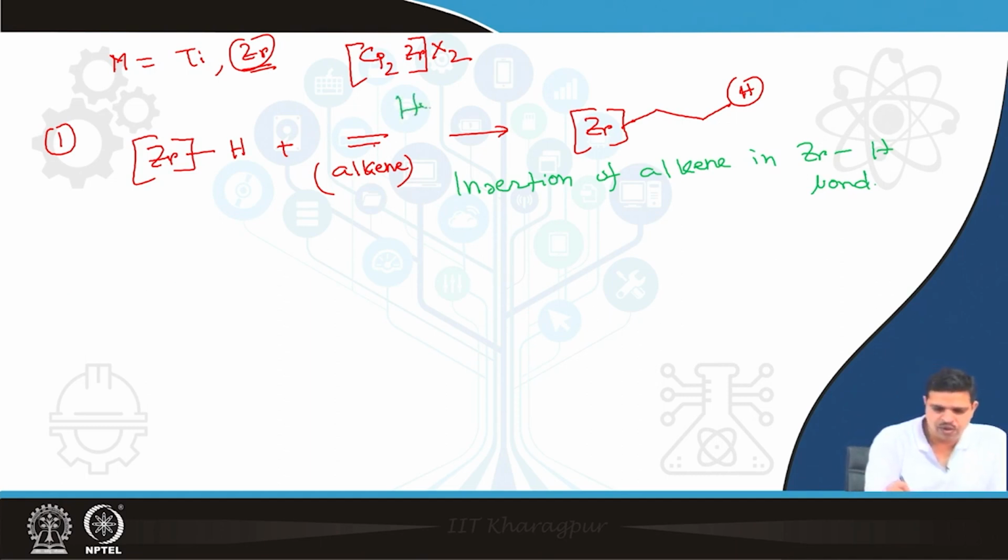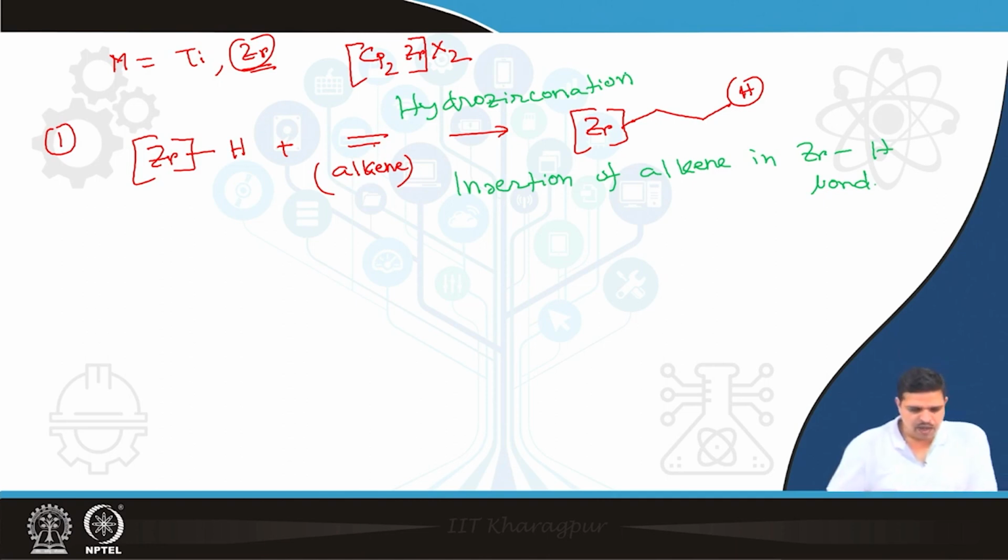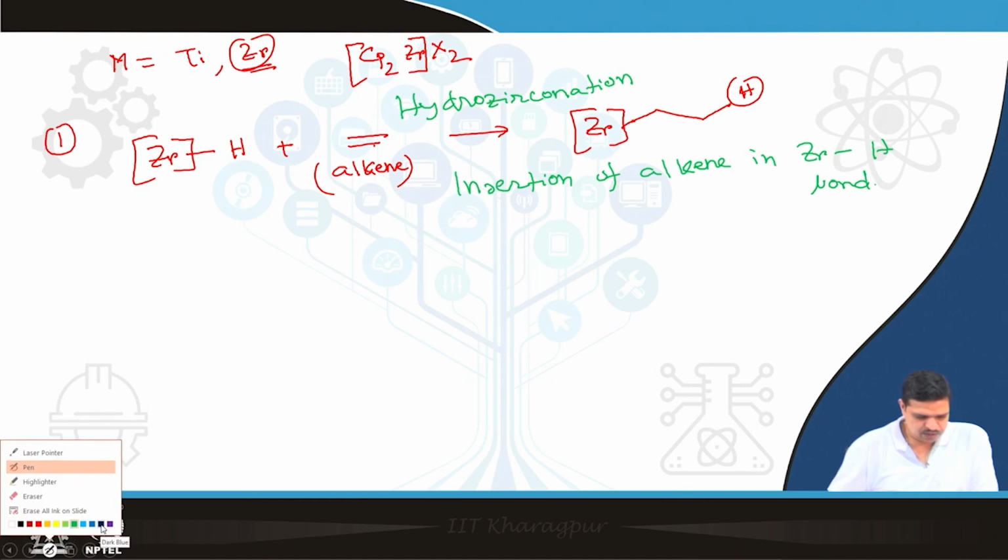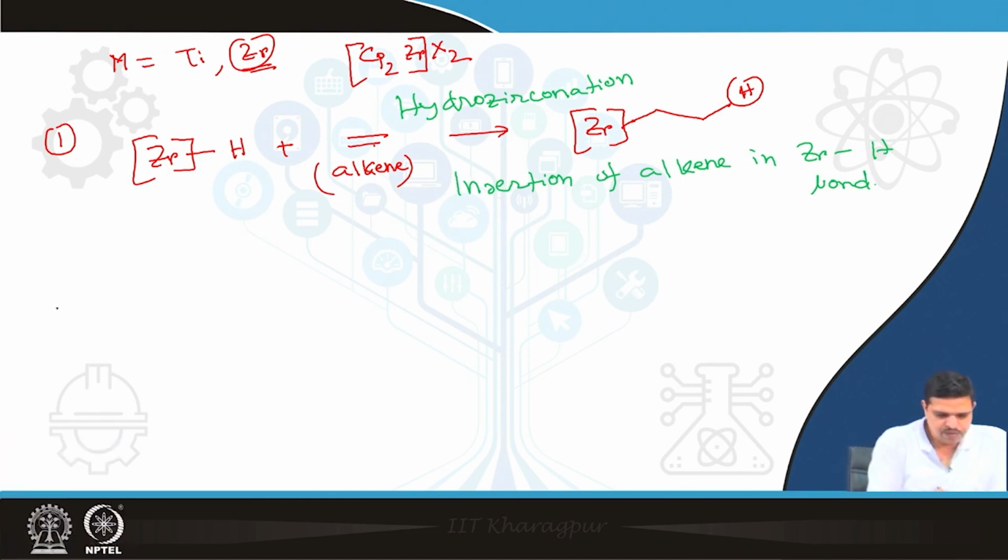So this is called the hydrozirconation process. Another interesting reaction it can undergo is olefin polymerization. Suppose I have this one and I have the polymer end.